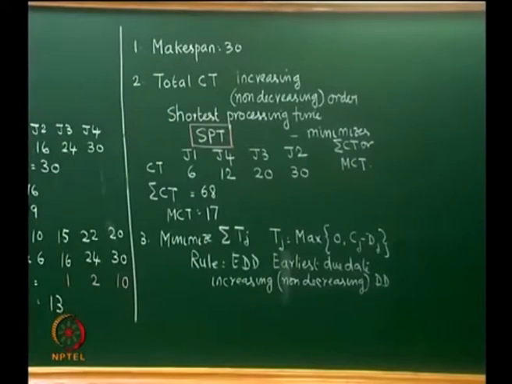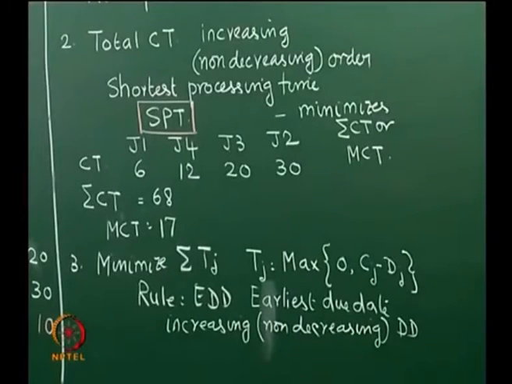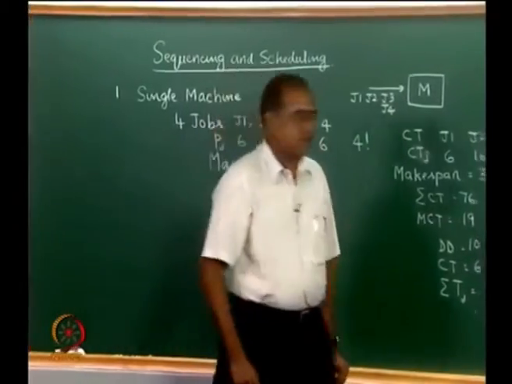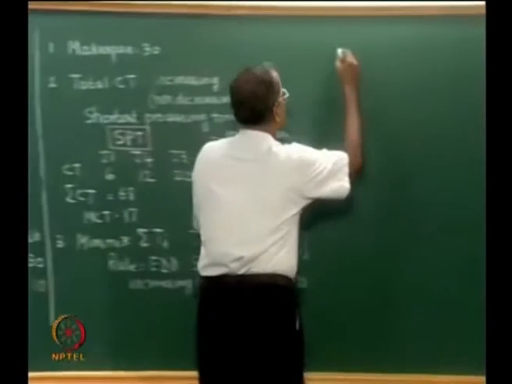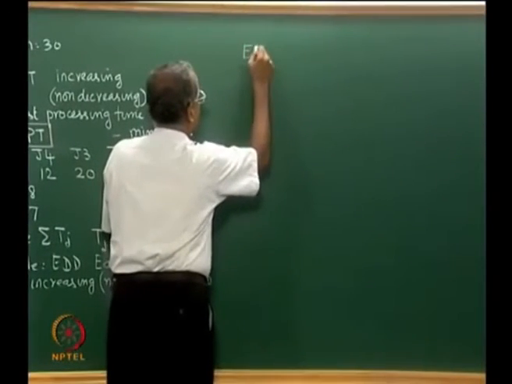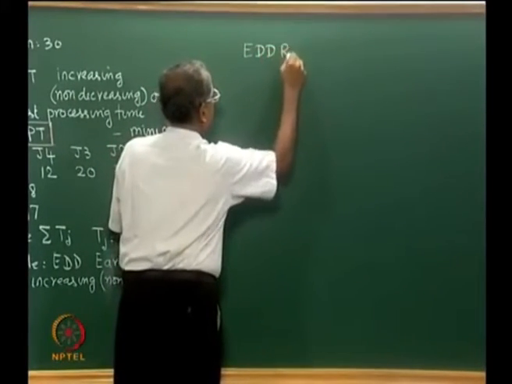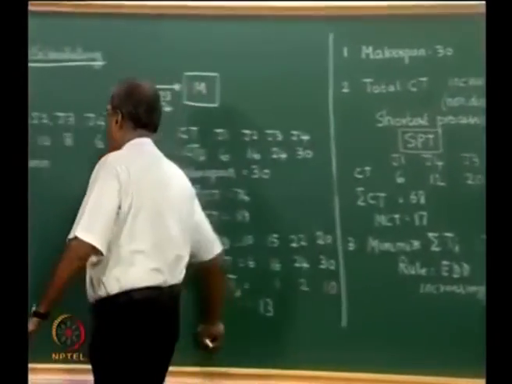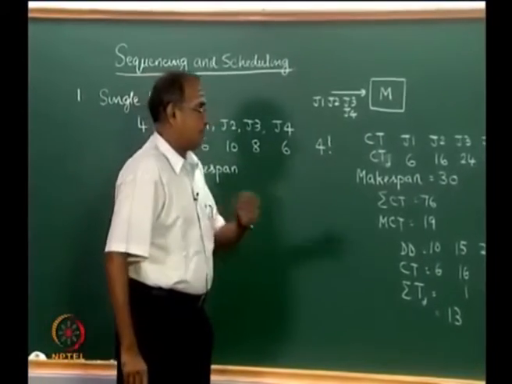Now, let us apply the earliest due date rule to the example problem and first compute the total tardiness. So, based on the earliest due date rule, we first sort the jobs according to the due dates.